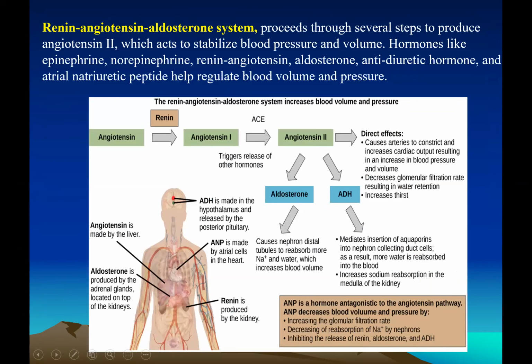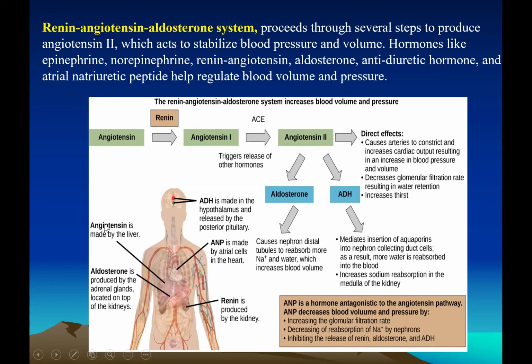How is everything regulated? See, this renin-angiotensin-aldosterone system is very common. There are many drugs that act on this hormonal system. Through a series of steps, our body is able to make angiotensin II.